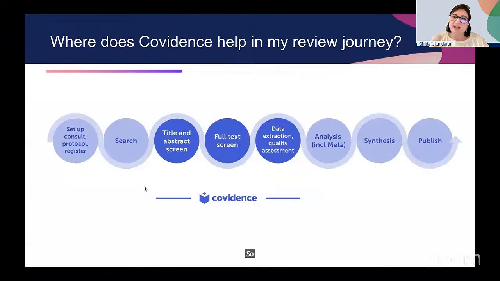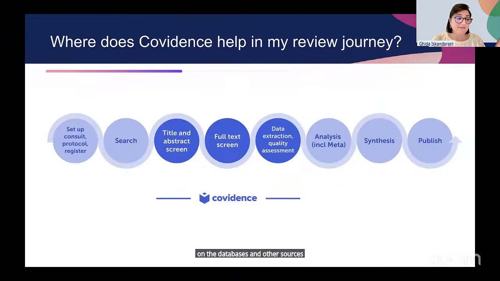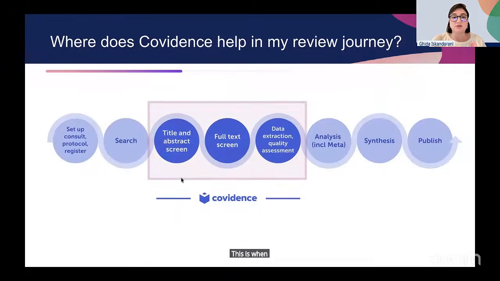So where does Covidence help in my review journey? It's only when you are done with setting up your team and your research question, developing the search strategy, running the searches on the databases and other sources, and having a list of potentially relevant citations, this is when Covidence comes into the picture.